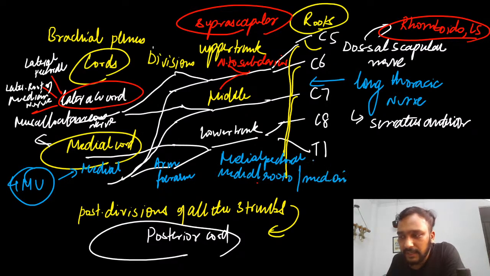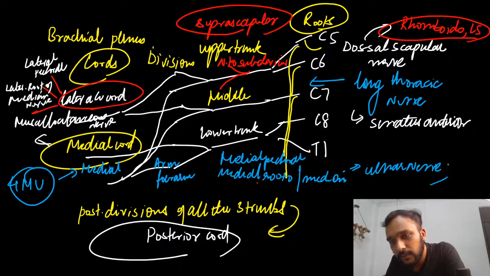And the fifth branch, what is the fifth branch that is going to come from the medial cord? Anyone in the comment section? Very good, Samir. It is ulnar nerve, right?